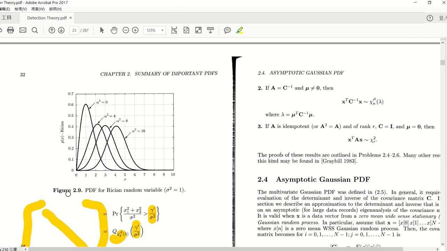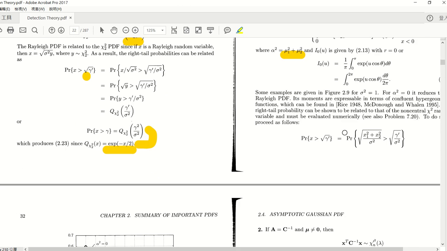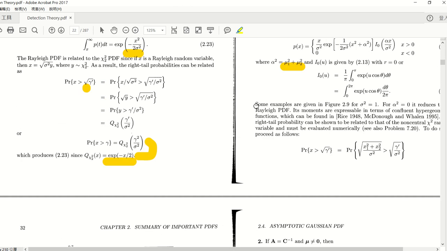Here is figure 2.9, which is the Rician. Let's take a look at the Rician that looks like this, and we have sigma square. As you see, alpha square is related to the mean.